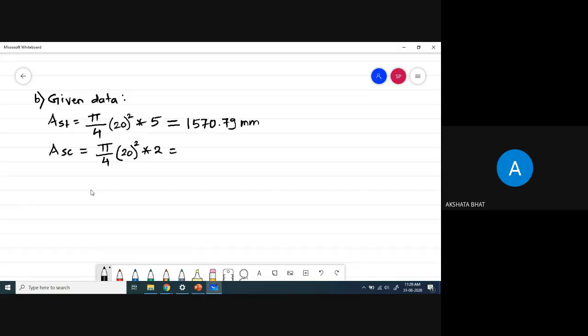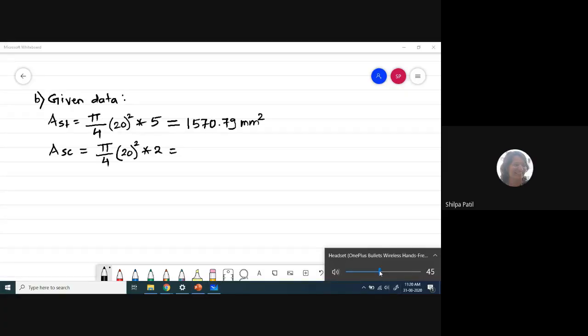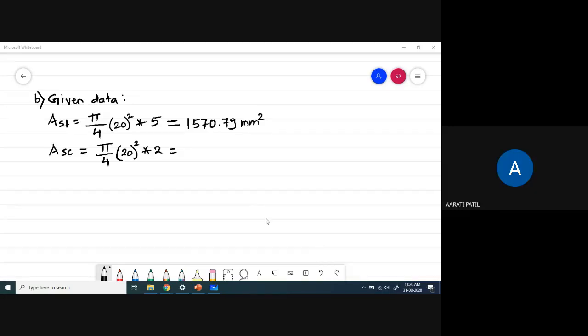For the ASC, it's 16 mm bars. Confirm? Yes. There are 5 bars of 16 mm for ASC, for the second problem.